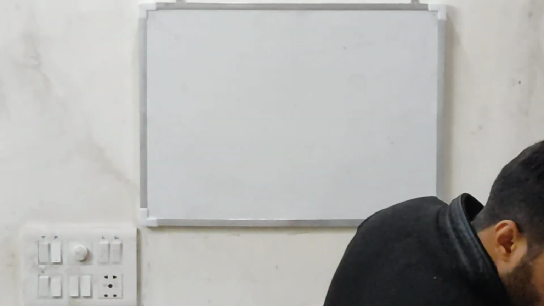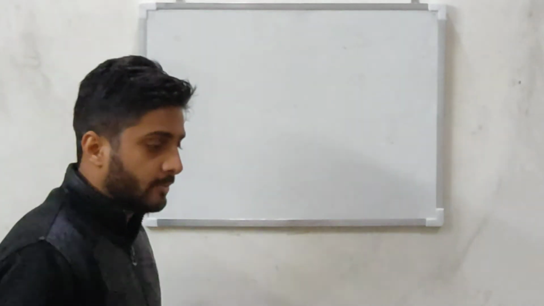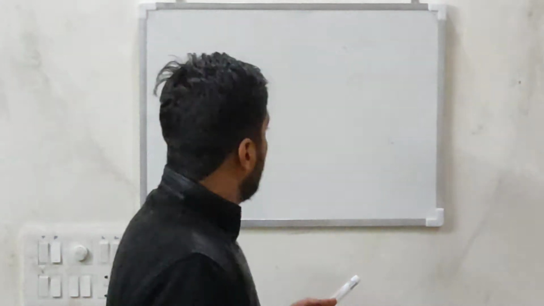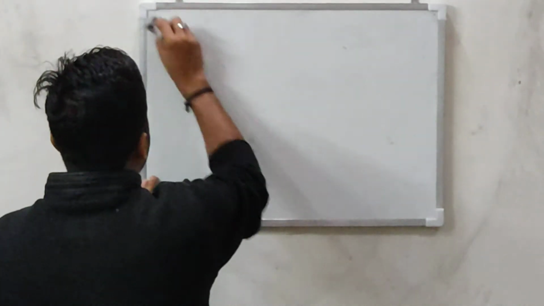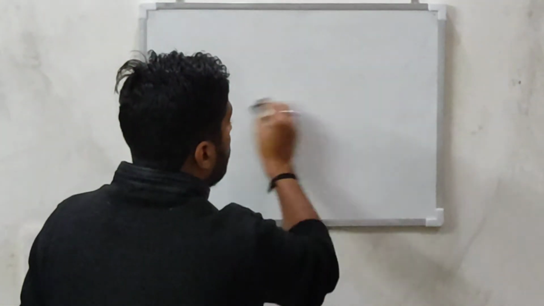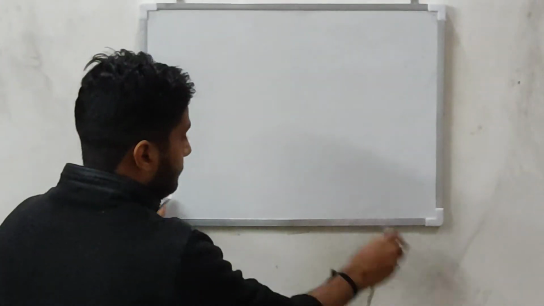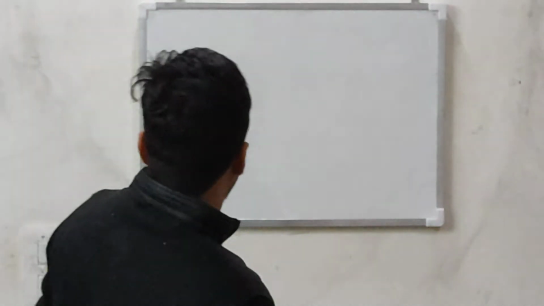So our next question, here we have some statements. We have to state whether each statement is true or false. First statement: the number of electrons having L equal to 0 is 10 in palladium.